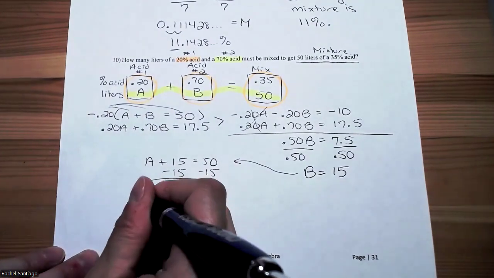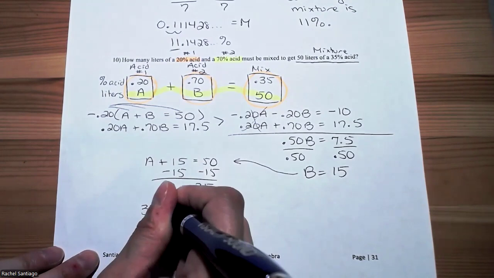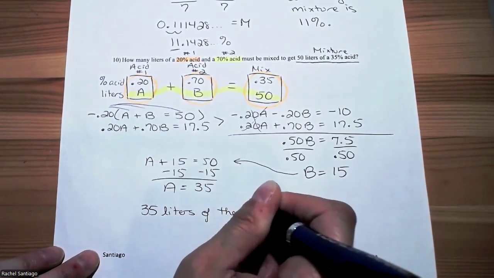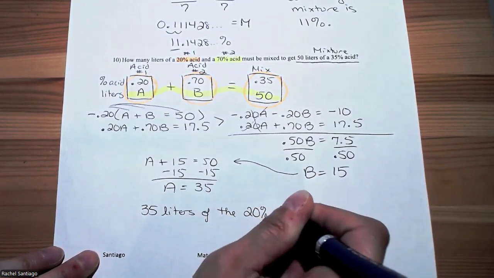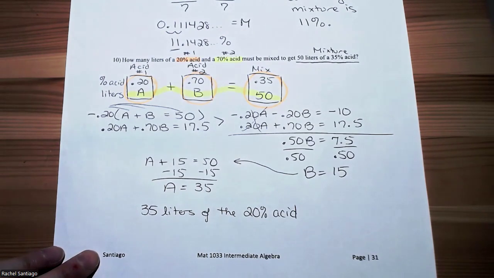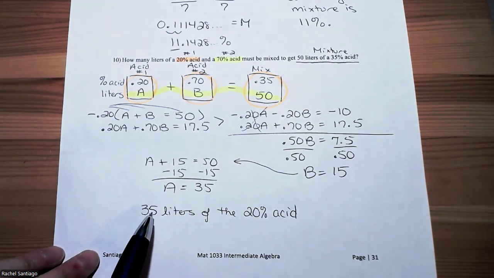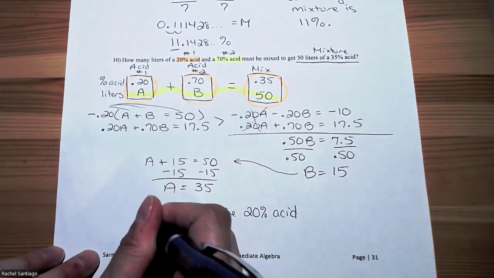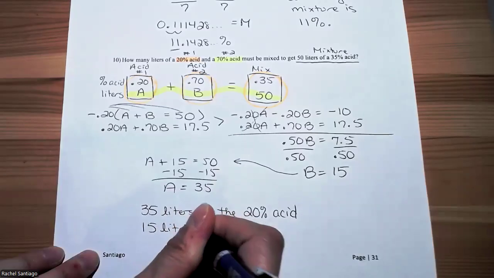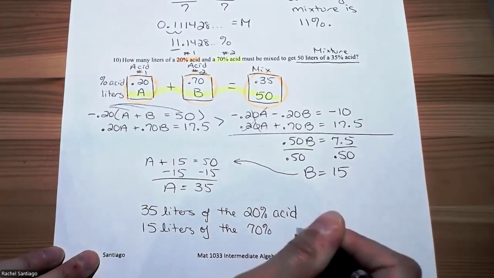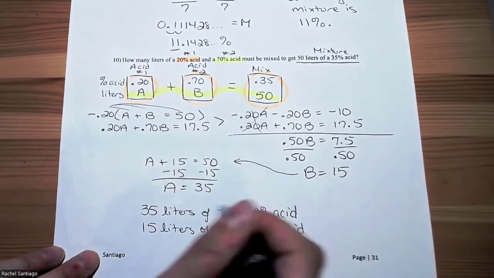And that is, we have 35 liters of the 20% acid. I'm being careful here because the problem did not say acid 1 and acid 2. I labeled it acid 1 and acid 2. So now I'm being very specific and saying 35 liters of this acid. And then, of course, 15 liters of the 70% acid. And just like that, we're done.